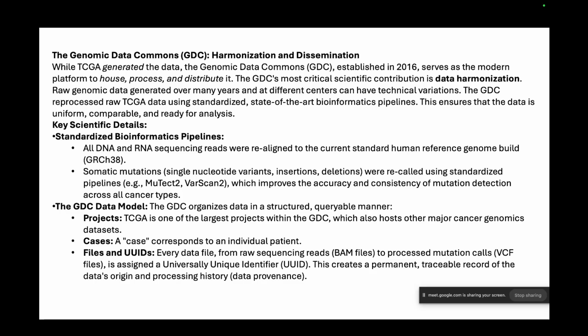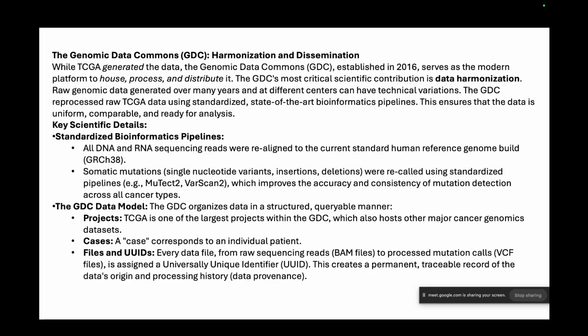The sequencing data is the only raw data that is present, and then they have done the processing on their own. They have not taken processed data from elsewhere, right? So now all DNA and RNA sequencing data they have realigned to GRCh38, which is kind of the latest. After this, the T2T has come out.